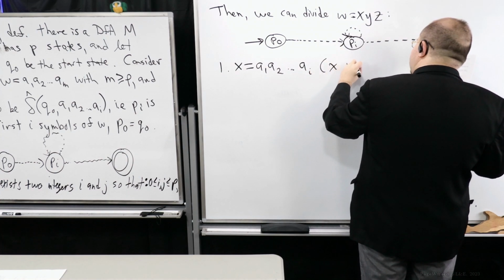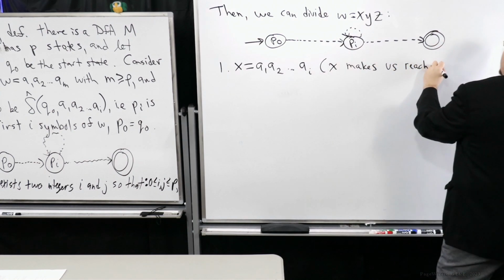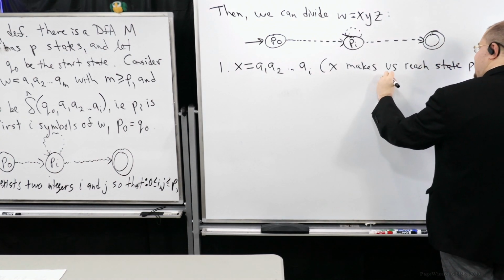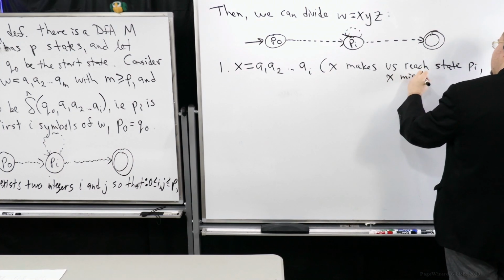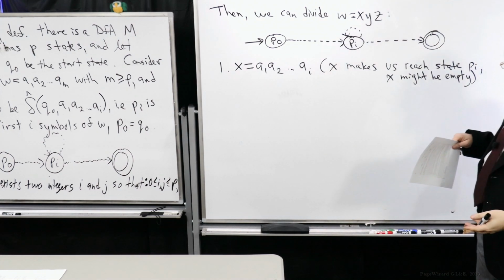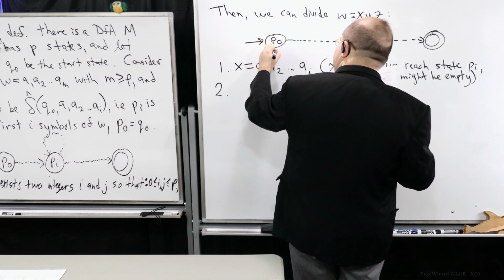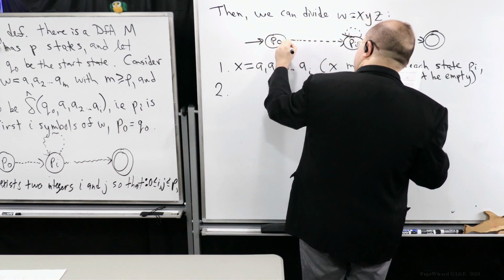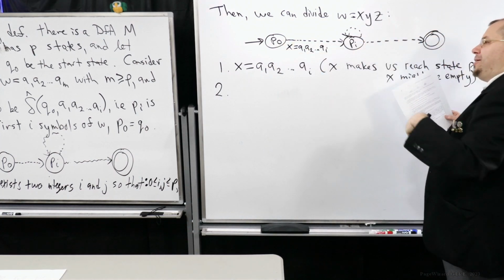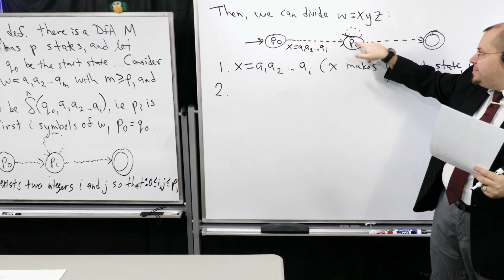That means that x makes us reach state Pi. And I must stress that x might be empty. There's nothing stopping x from being empty. You could just get straight to Pi right away. So that's what x is. x is going to be here, right? x is A1, A2, all the way up to Ai, all of the transitions, like the part of the pathway that I take and follow with my finger that gets me right here.